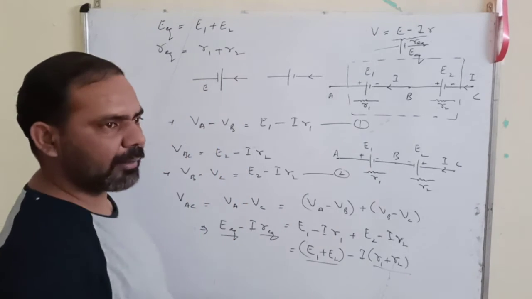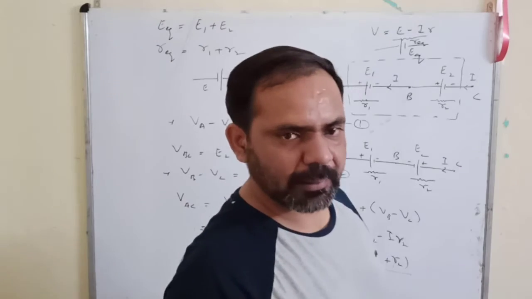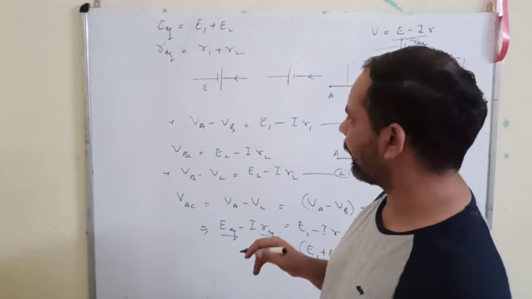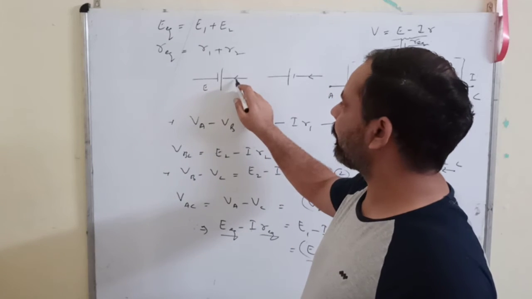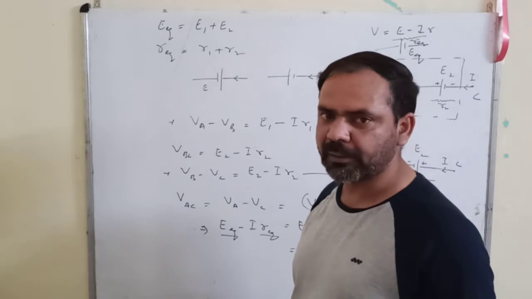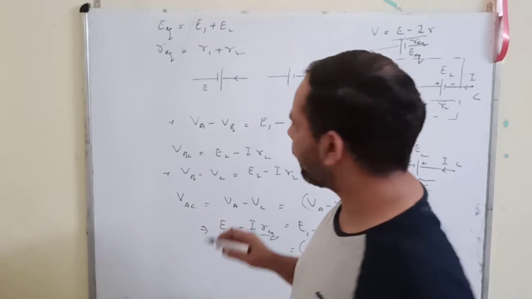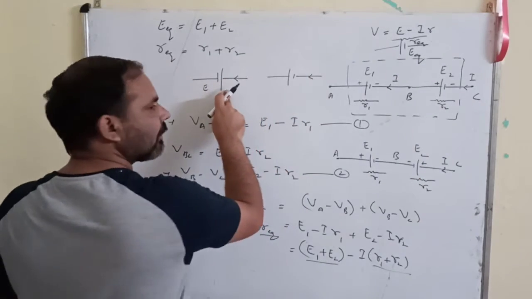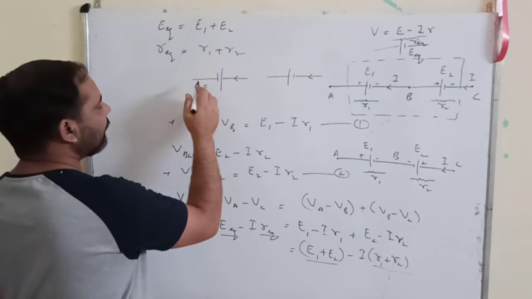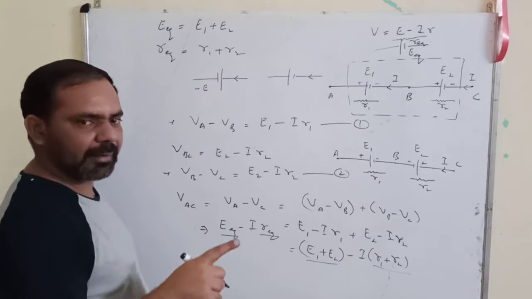You remember this convention actually, that if the current passes inside the cell from the positive terminal towards the negative terminal, or simply if the current hits the positive plate of the battery, then the EMF will be taken negative.